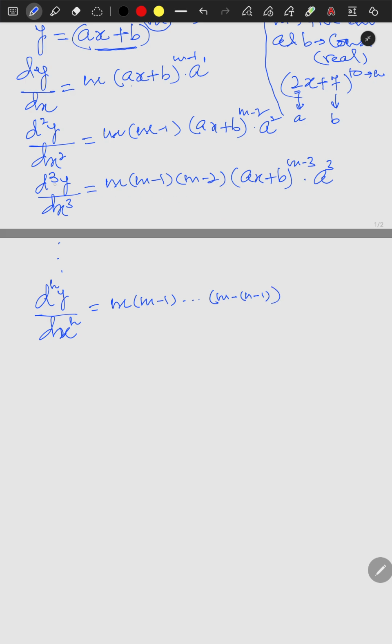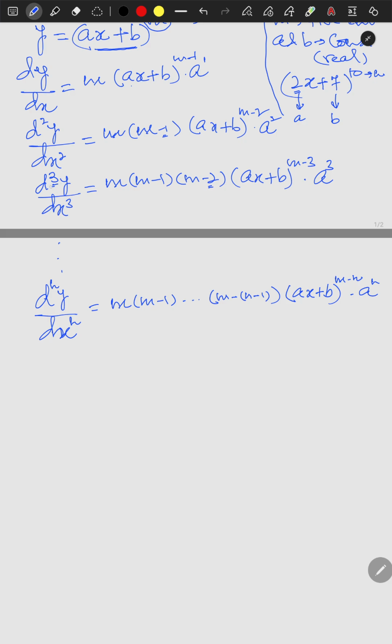You can see that if we are finding the third order derivative, here we are having m minus 2, and for the second order derivative we are having m minus 1. So for the nth order derivative, here we are having m minus n plus 1, and here we are having (ax plus b) to the power m minus n into a to the power n.